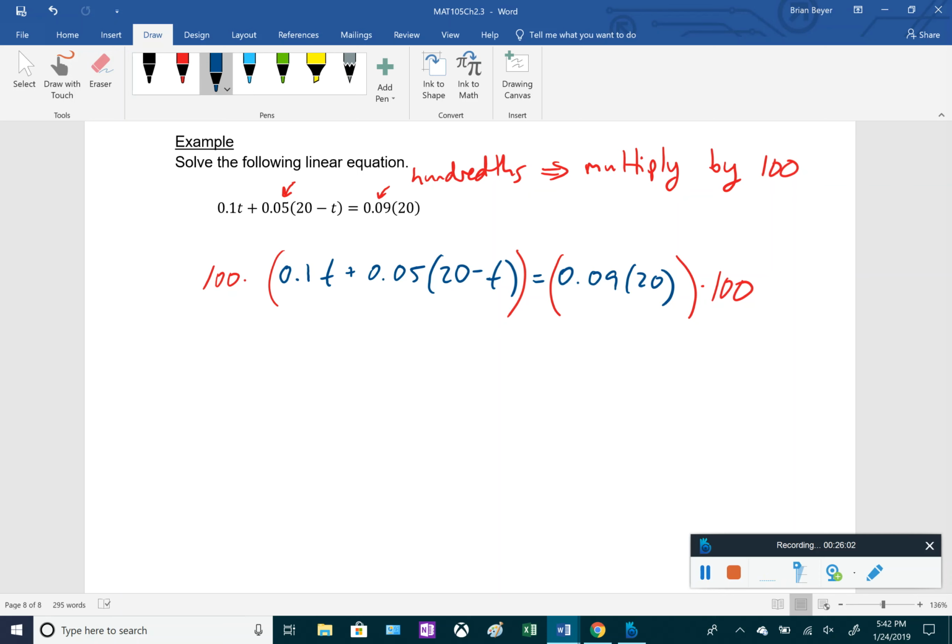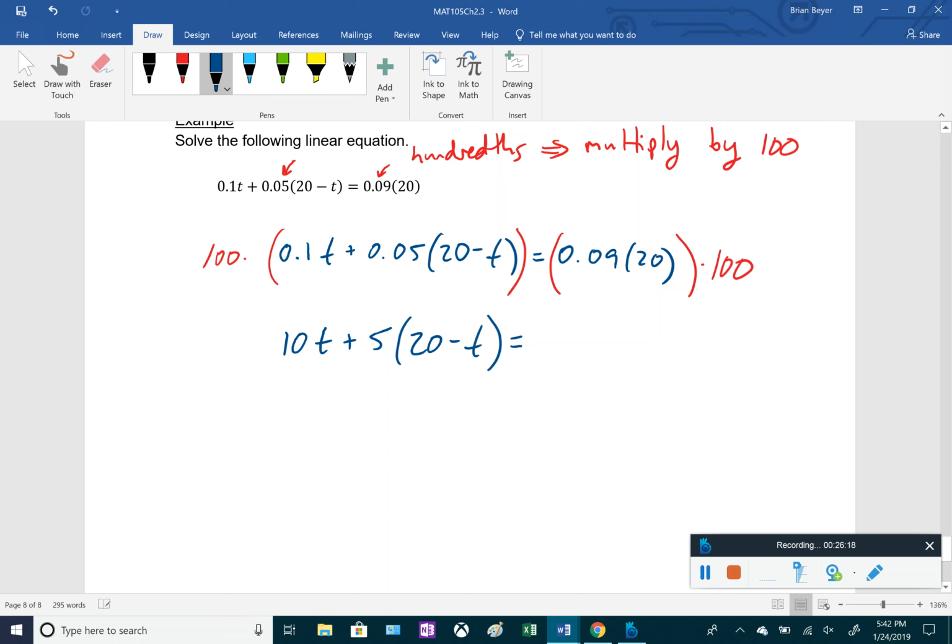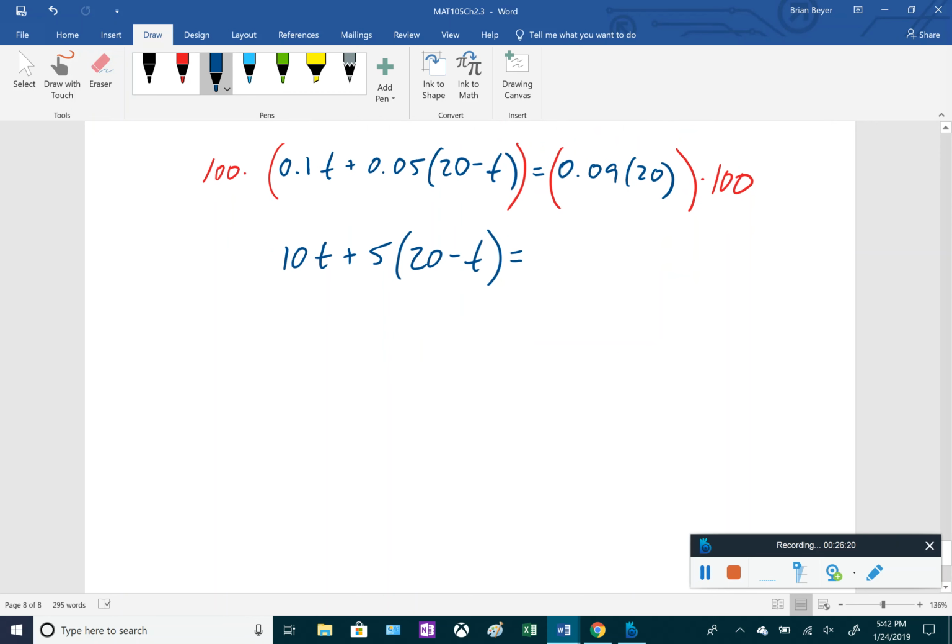That would make it 10. Same thing for 0.05, move it over 2 places, that would make it 5. And for 0.09, move it over 2 places, that would be 9.